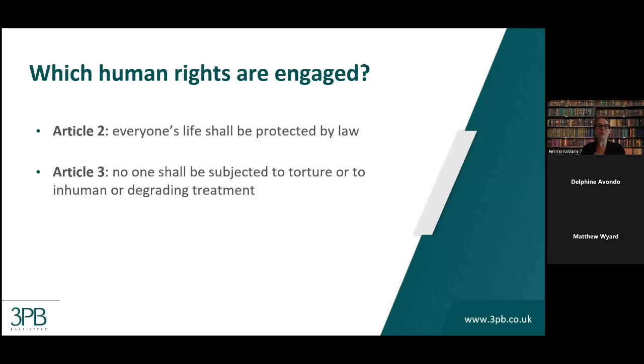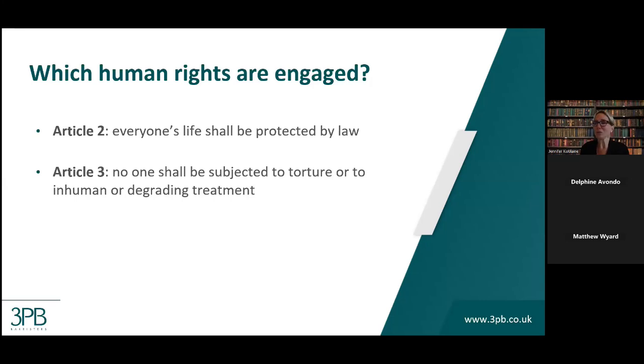So how does this relate to human rights? Well, I'm going to break this up into two sections, Article 2 and 3, and then Article 5 and 8. But in respect of Article 2, the fact that everyone's life shall be protected by law, this has been interpreted to include the positive obligation of the state to ensure that preventive measures are taken to protect its citizens.